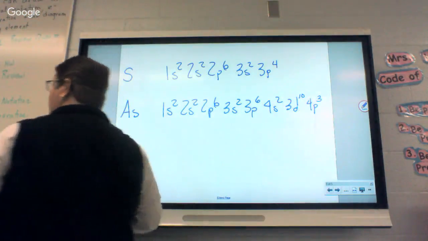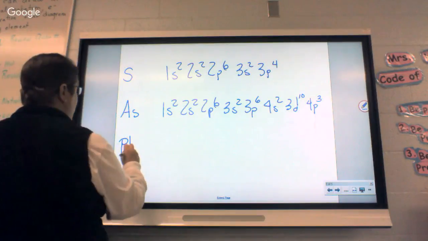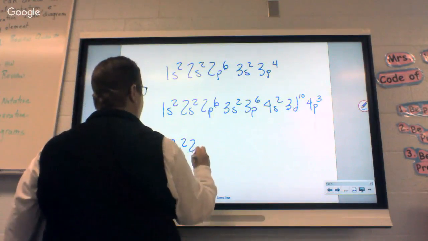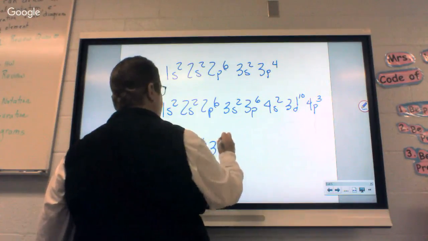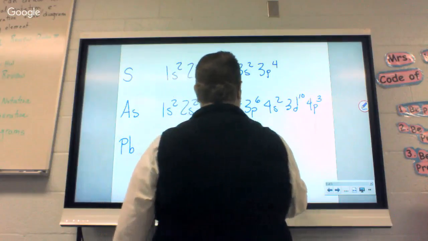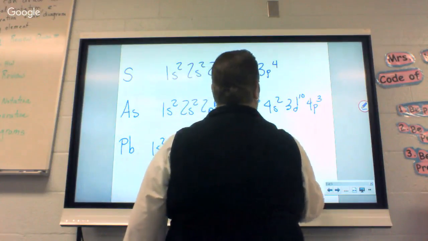And then I'm going to do one that's just a royal pain in the butt, which is lead. This one's going to take you a minute to write down. It's going to take me a minute to write. 1s2, 2s2, 2p6.